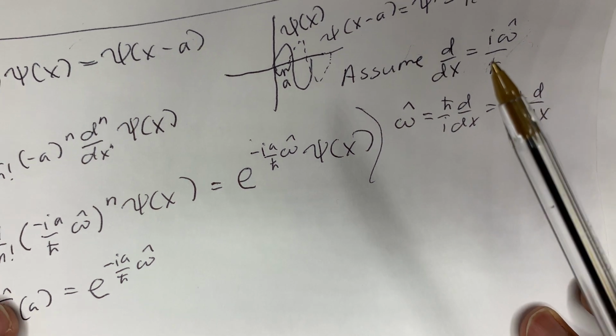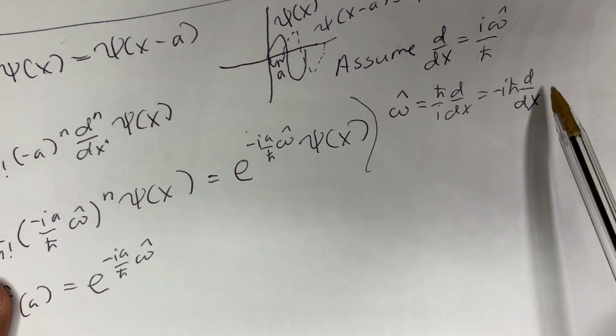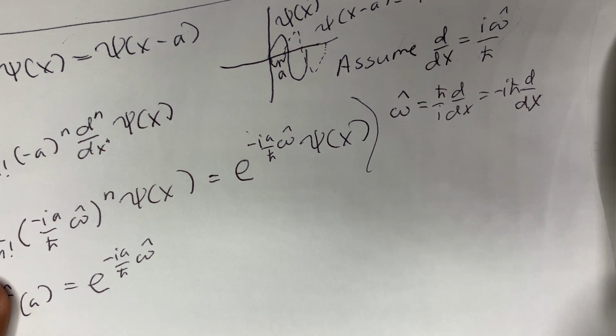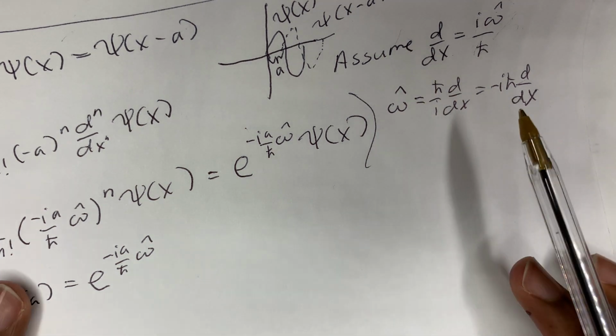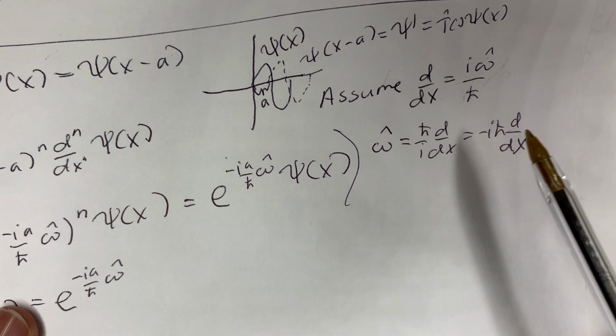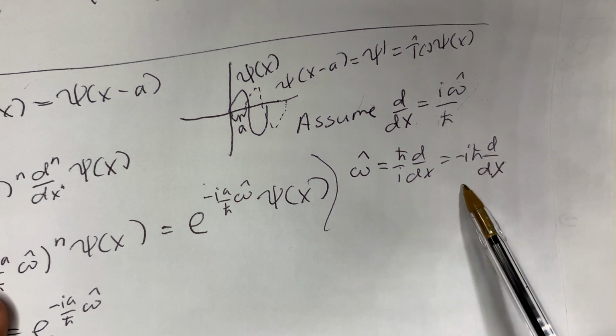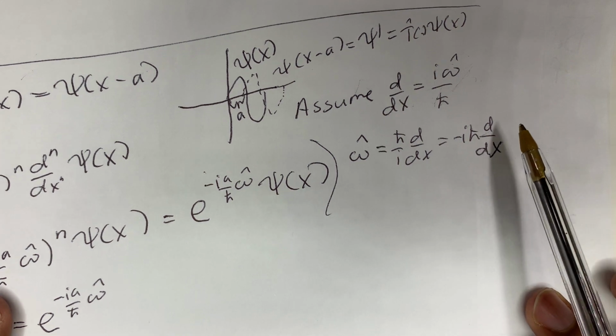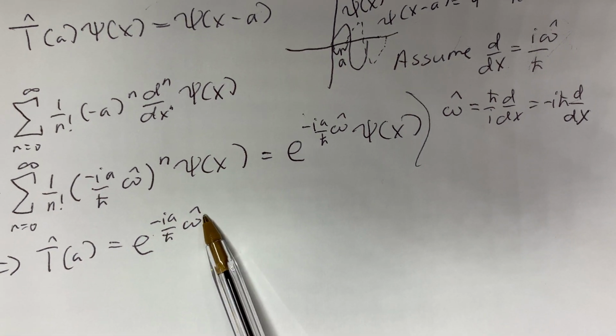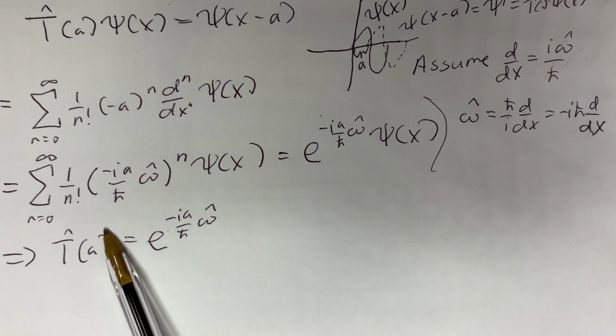Now, we may jump and say, oh, look at that, that's the momentum operator. We just found out that omega hat equals the momentum operator. This would actually not be quite correct. It should actually be the other way around. We define the momentum operator as the operator that generates these space translations.